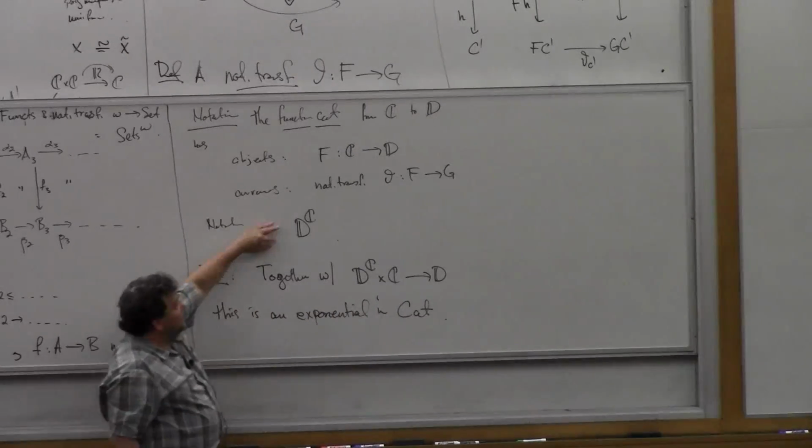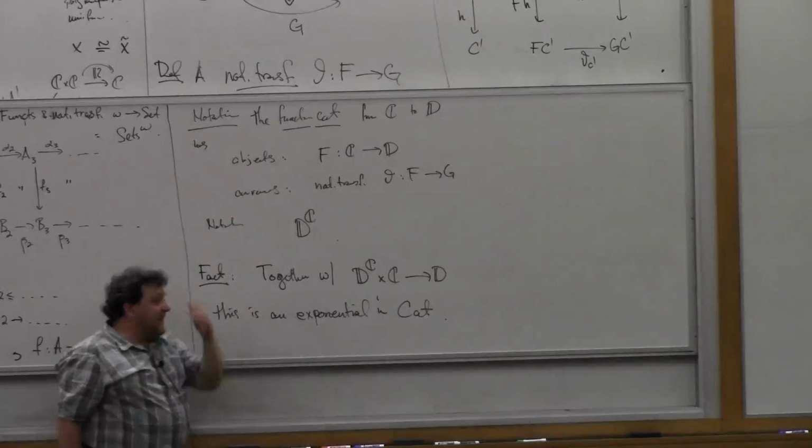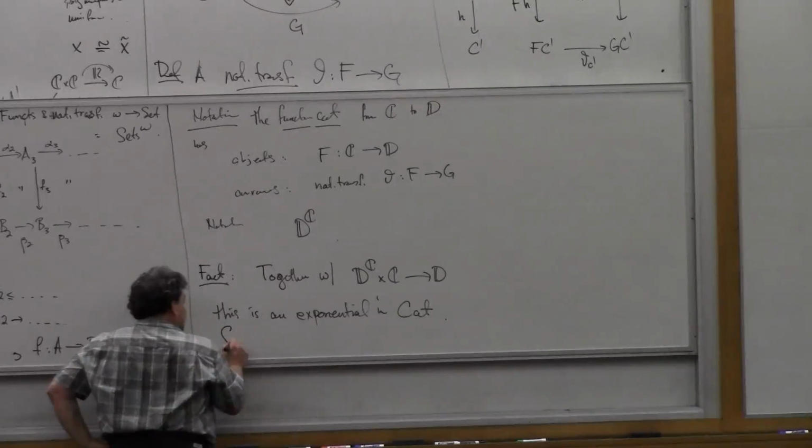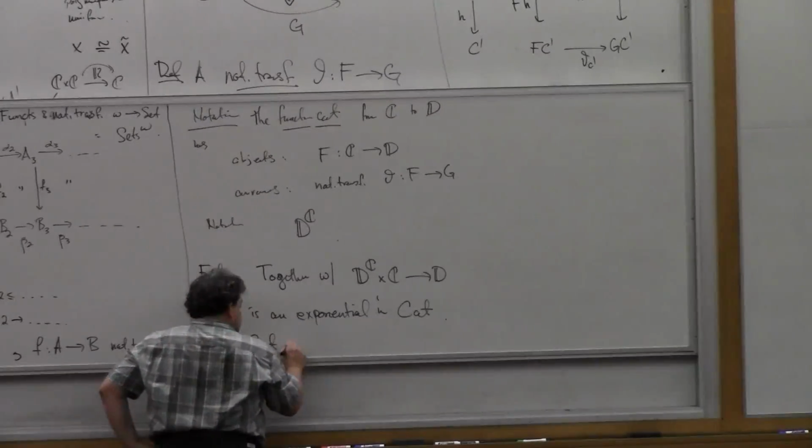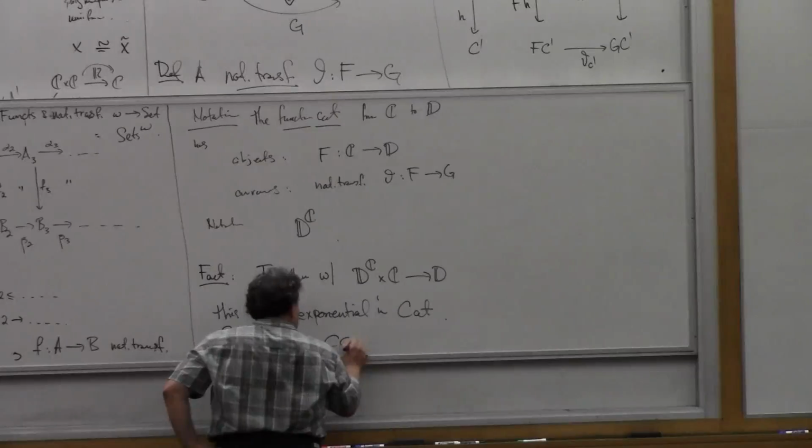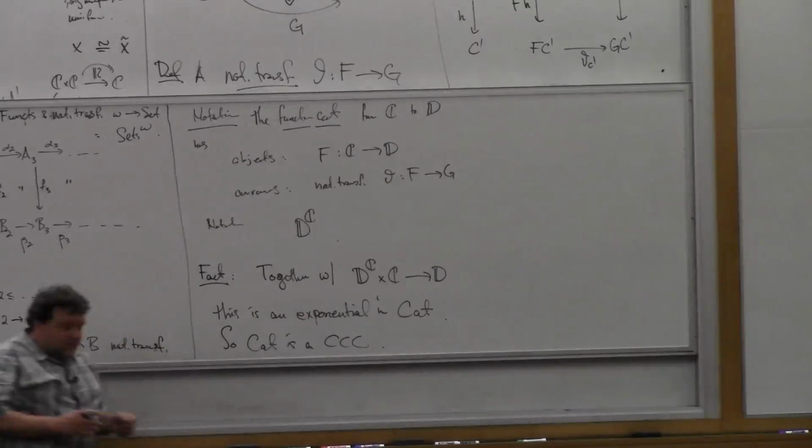So that justifies this kind of functional notation. And in fact, Cat is a Cartesian closed category.